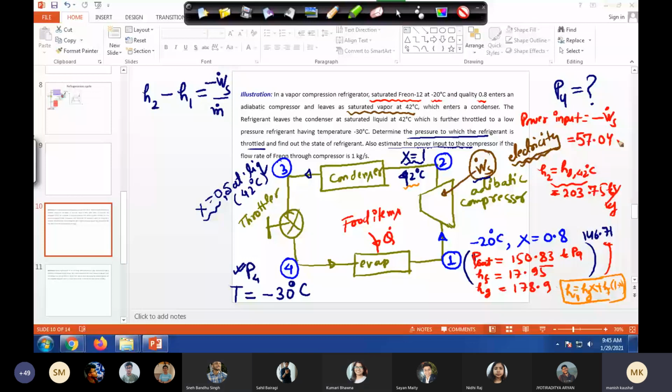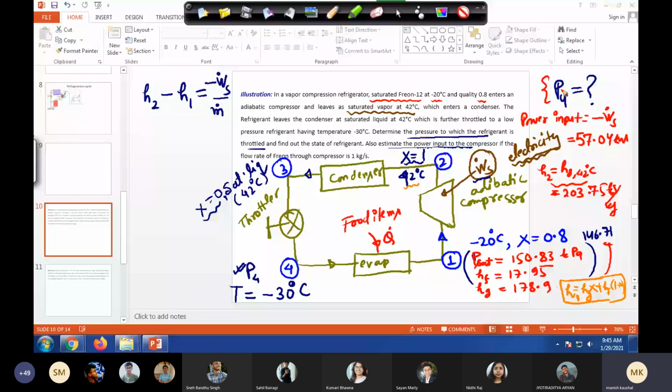So we have solved one part. Now another part is asking to determine the pressure at which this gas is getting throttled. What is P4? Okay. So for P4, can anyone give a hint, since it is getting throttled, what you would like to do?